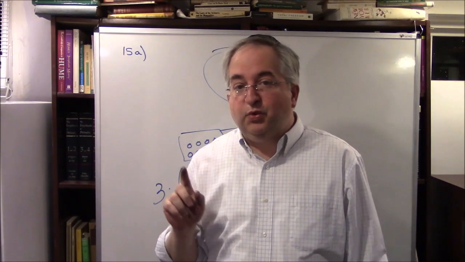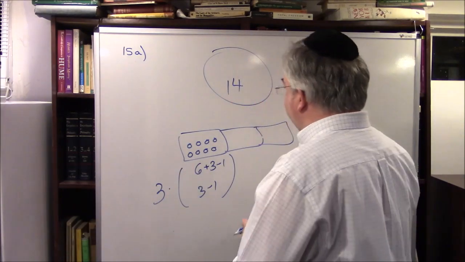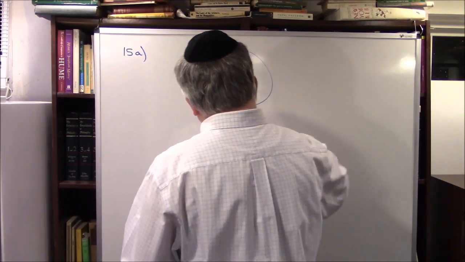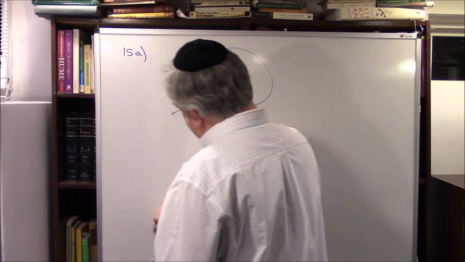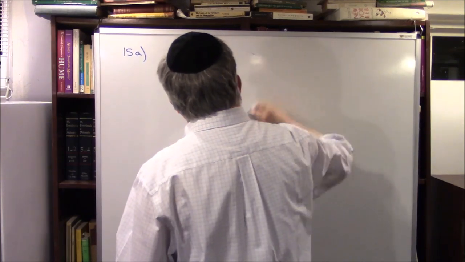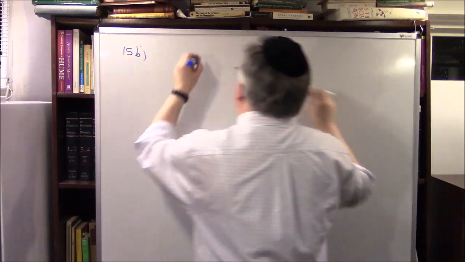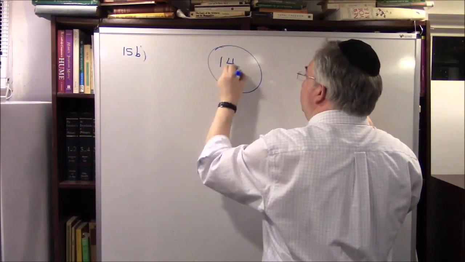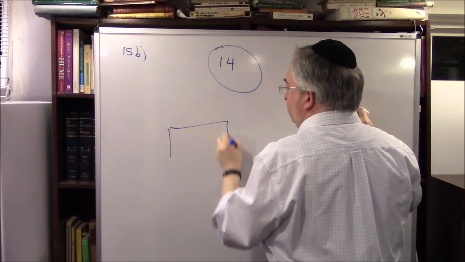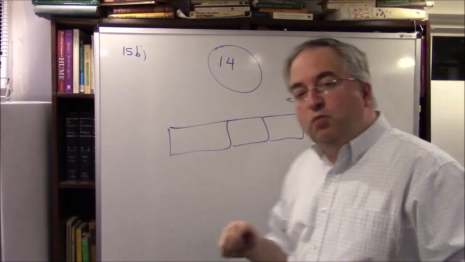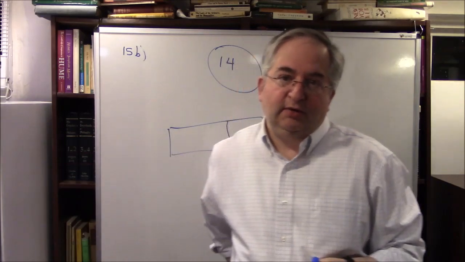So the word no is there, so we have to think about that. Again, you can have 14 objects. You want to put them in 3 boxes. But no more than 7 is in there.